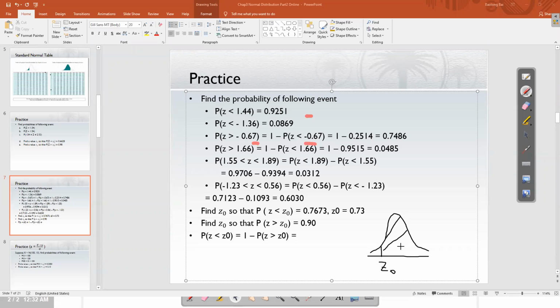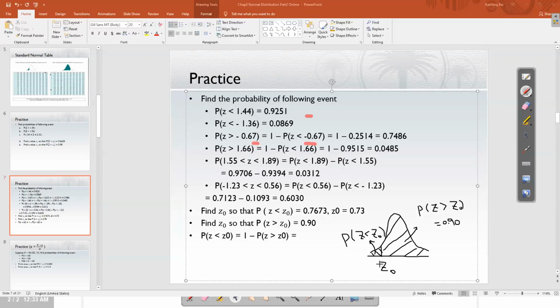Then the probability to the right is probability of z greater than z0, and that's given as 0.90. Then the area to the left of z0 corresponds to probability of z less than z0.